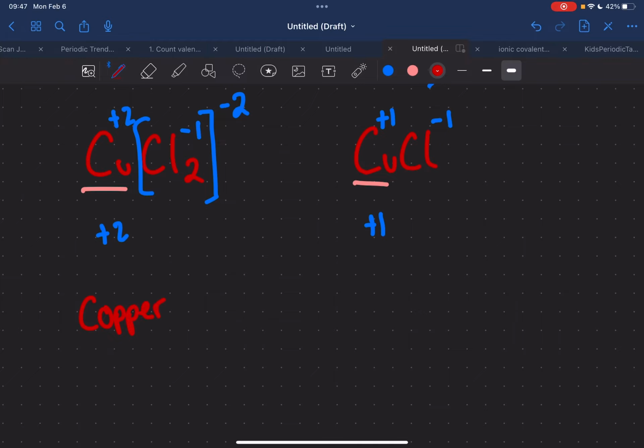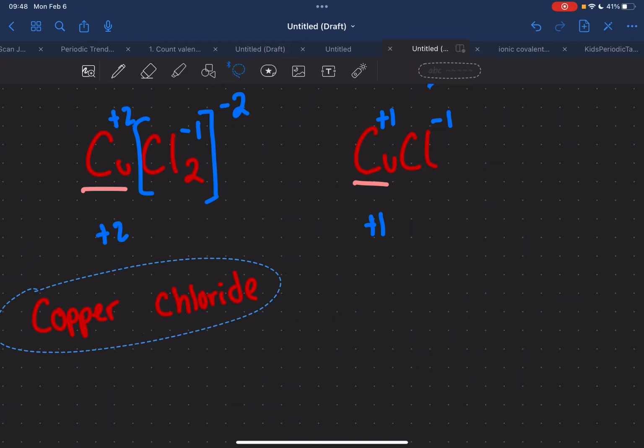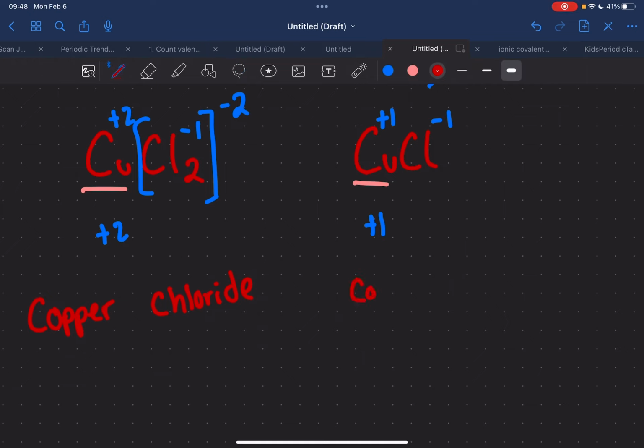And then for the second part, we put the element or the ion with the "ide" ending. It's copper chloride. But if we were going to follow these rules, then both of these compounds would have the same name. And that is a big problem.